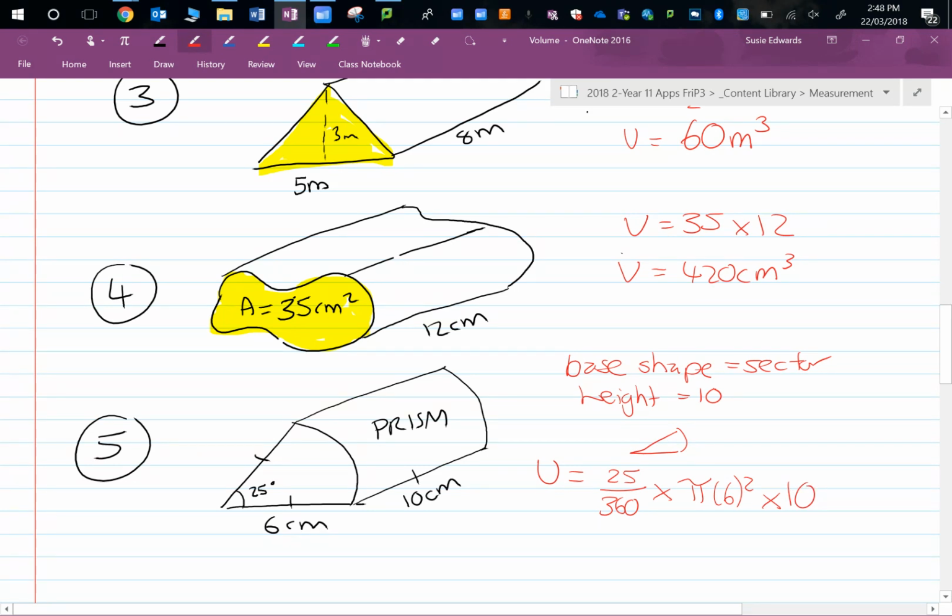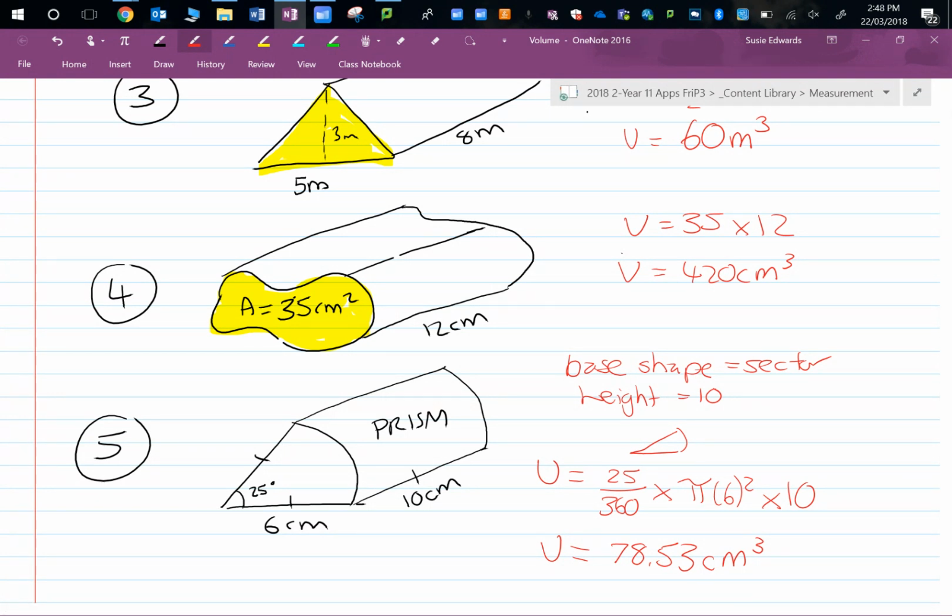Okay, so that section of a whole circle times by pi times 6 squared times 10. And what measurement is it in? Cubic centimetres. Okay.